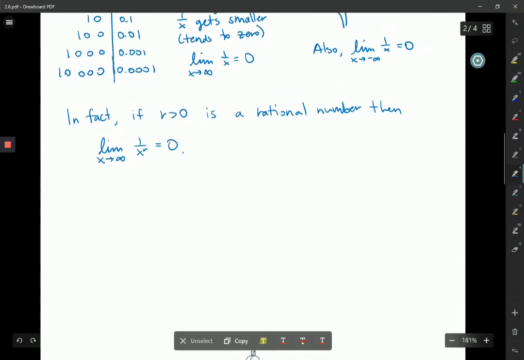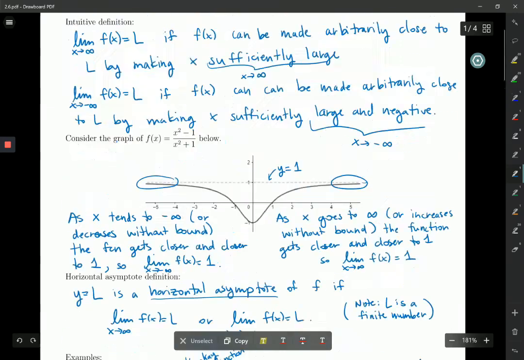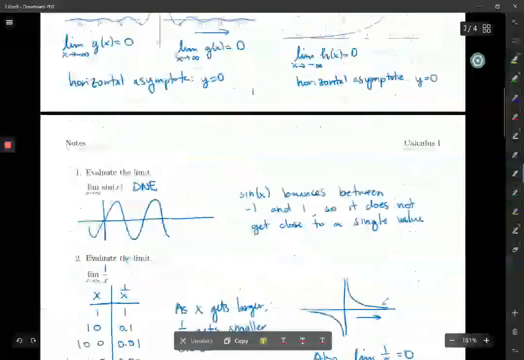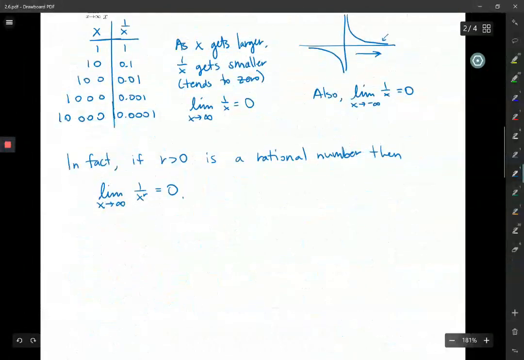Okay? So in particular, if you have an integer, a natural number, so greater than 0, then you have that 1 over x to that power, the limit as x goes to infinity, is going to be 0.